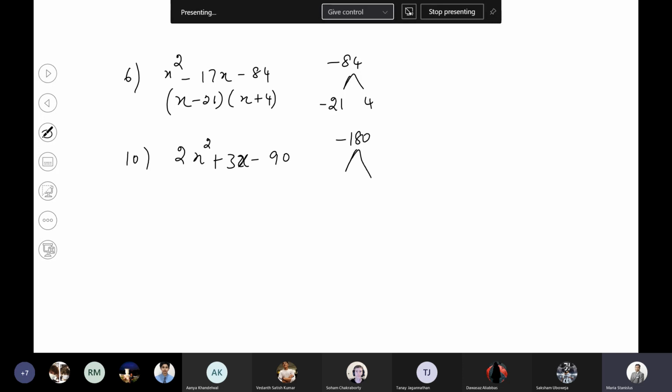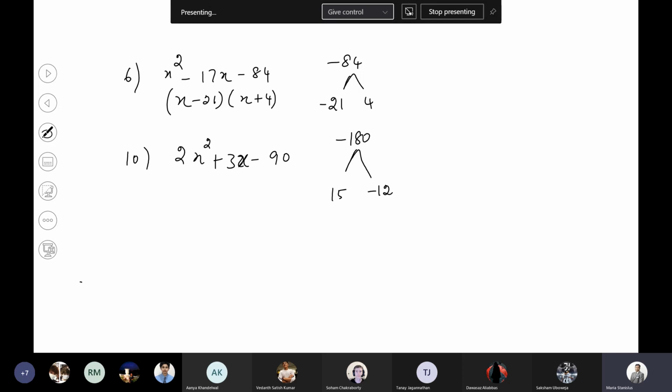Which are the two numbers which give you 3 when added, and when multiplied you get minus 180? 15 and 12. So plus 15 and minus 12.